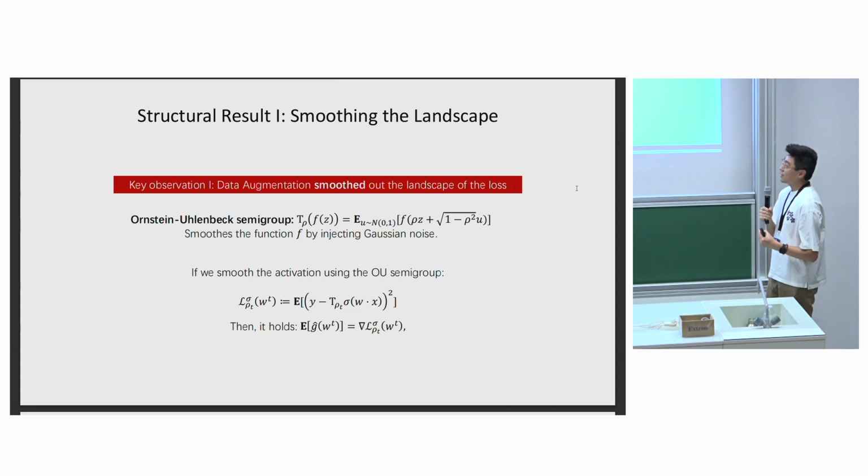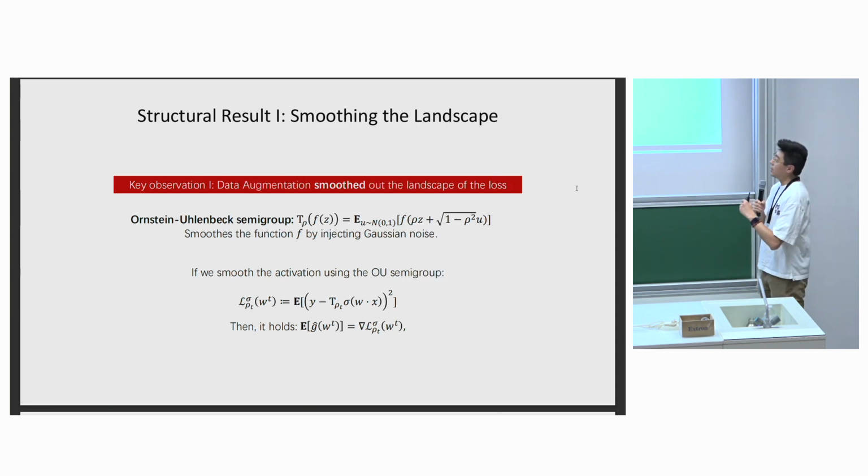So why does this augmentation work? Let me provide you with some intuition. First of all, our first key observation is that this augmentation actually smooths the landscape of the loss. We make a connection to the famous Ornstein-Uhlenbeck semigroup. Basically, what the Ornstein-Uhlenbeck semigroup does is smooth the function f by adding Gaussian noise and averaging out the landscape near the vector z.